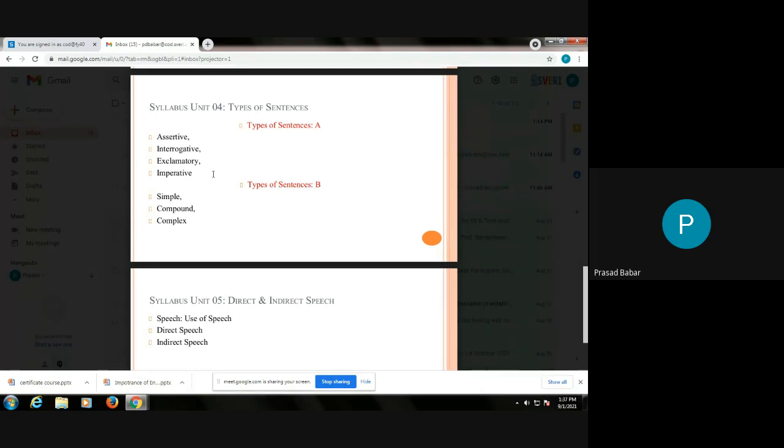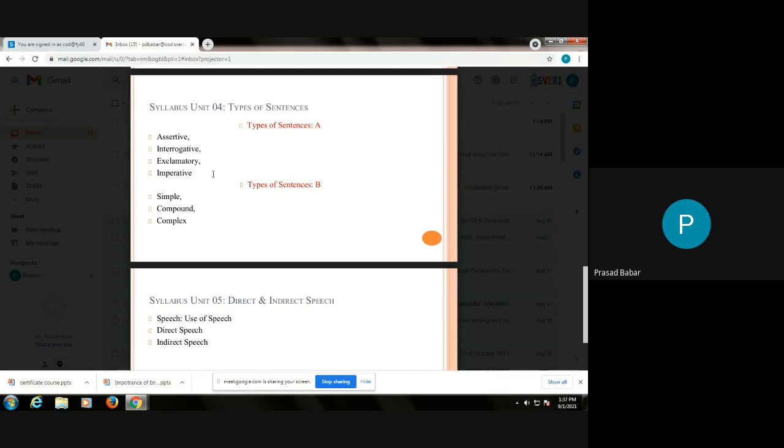In simple sentences, there is only one subject, object, and verb, and that is why we call it a simple sentence. In compound sentences, there are two subjects, two objects, and two verbs, connected with conjunctions such as and, or, but.